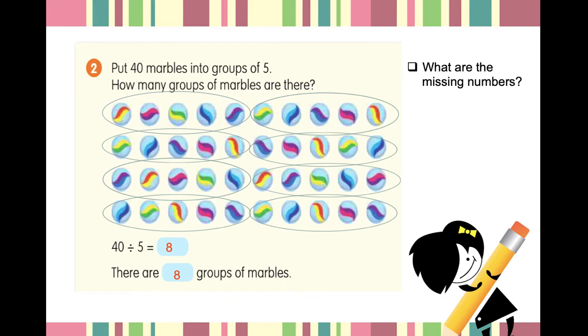So what are the missing numbers here? Well done. We have 5, 5, 5, 5, and we have a total of 40 marbles. So what do you have to talk about here? Groups. So the missing number is the groups. That is 8 times 5 equals 40.